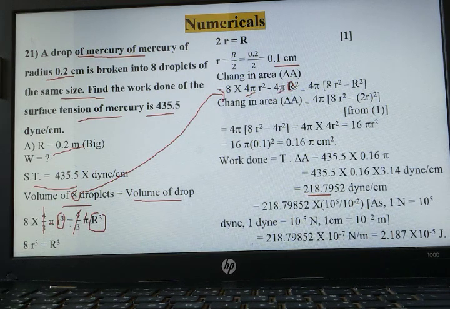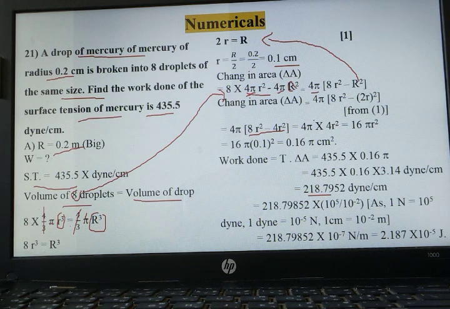In both terms we can take 4 pi common: 4 pi bracket 8 r square minus R square. But capital R can be substituted as 2 small r. So we write 4 pi into 8 r square minus 2r whole square. Now the square of 2 is 4, and r square is r square. So we get 4 pi bracket 8 r square minus 4 r square.